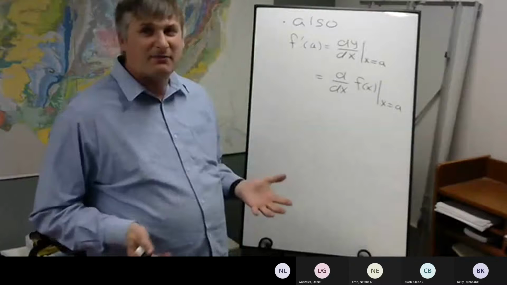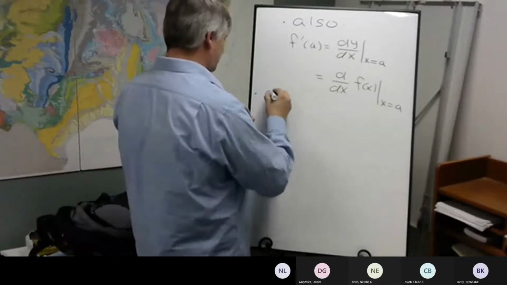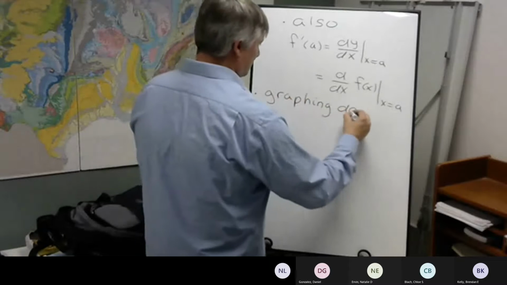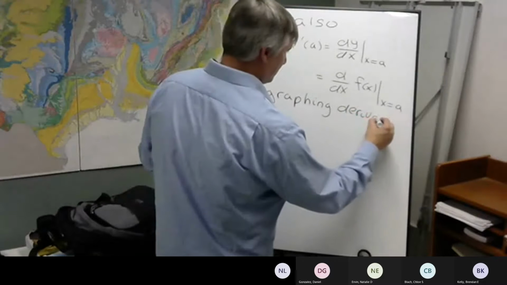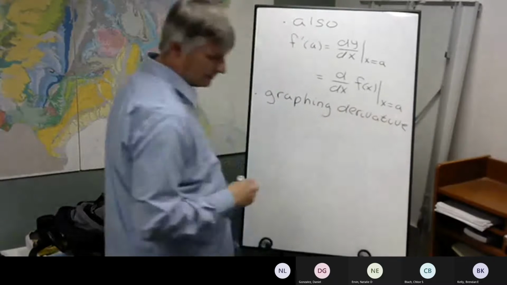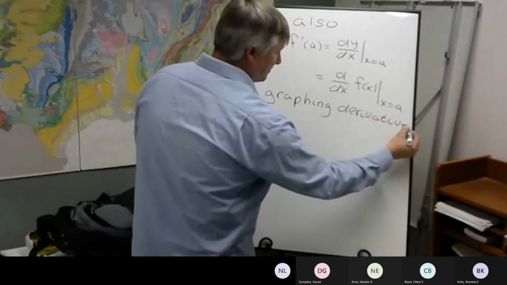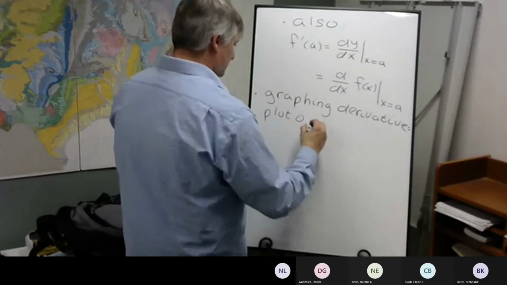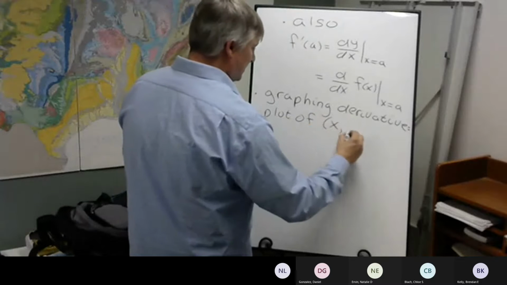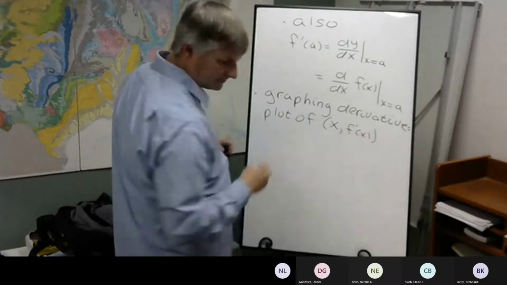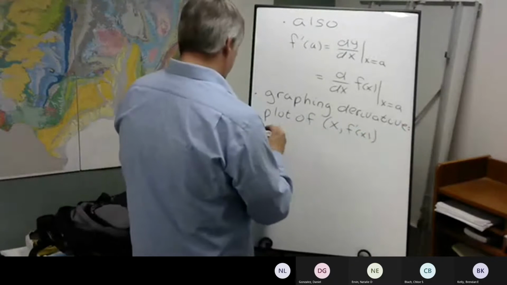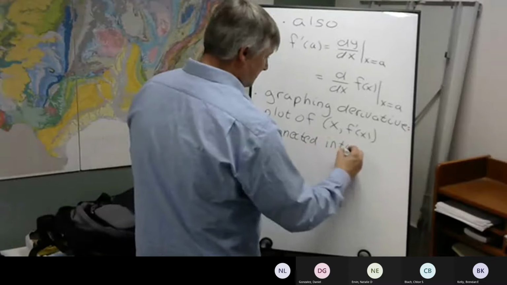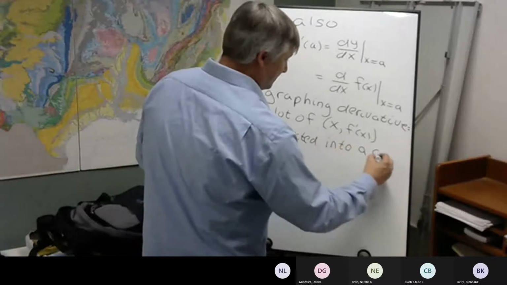So you can graph a derivative. What this tells you is a plot of x, f prime of x, connected into a curve.